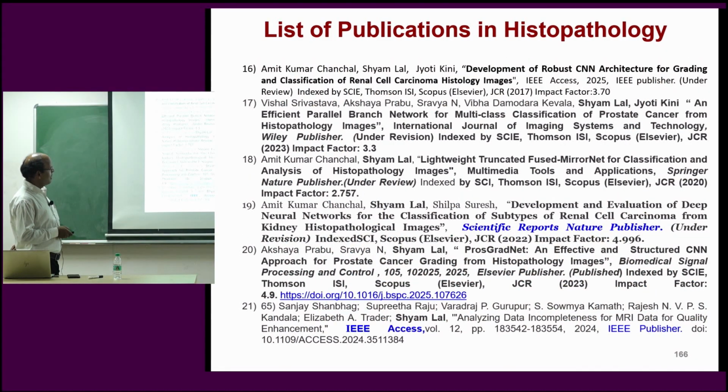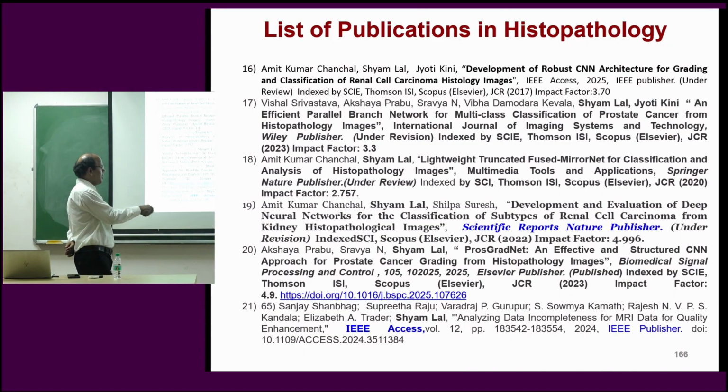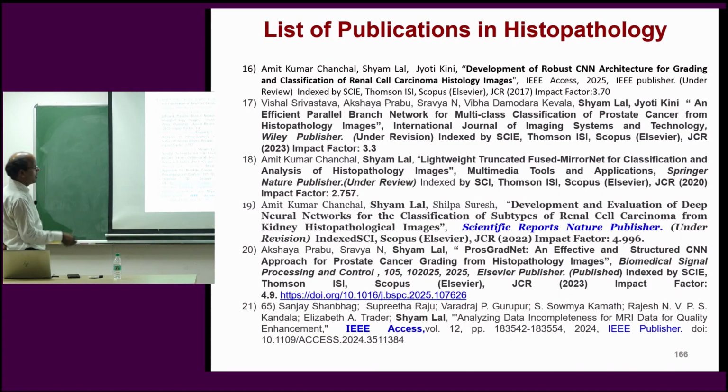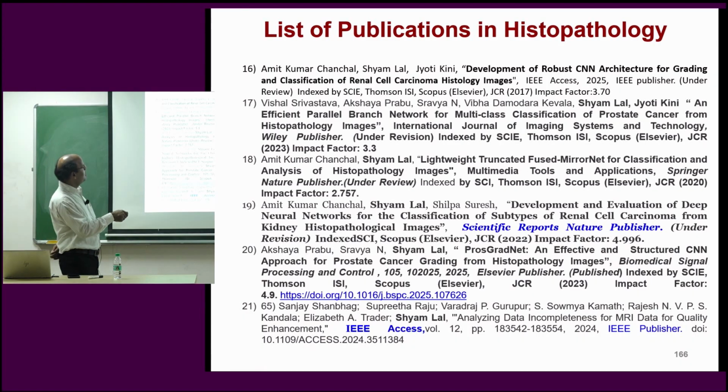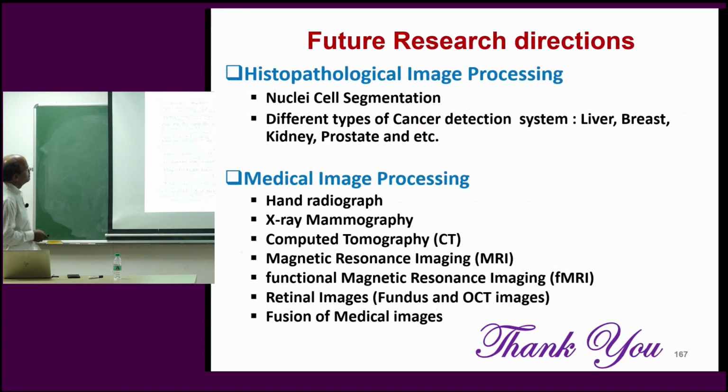Some more are going on. This one is not histopathology, the rest all are. This paper got published in 2025, work done by an MTech student, and one more paper also got a revision. He has extended this work, so it is again under revision and coming very soon.